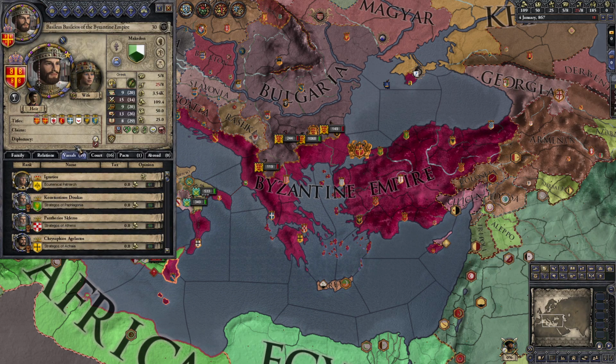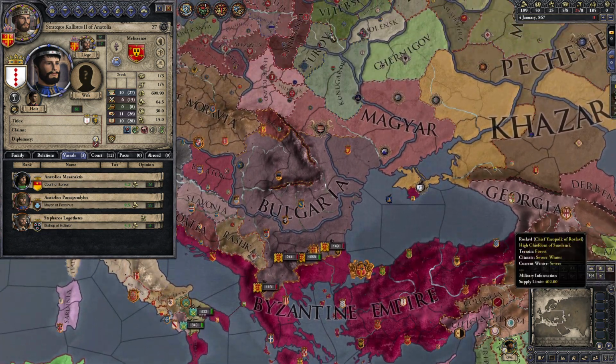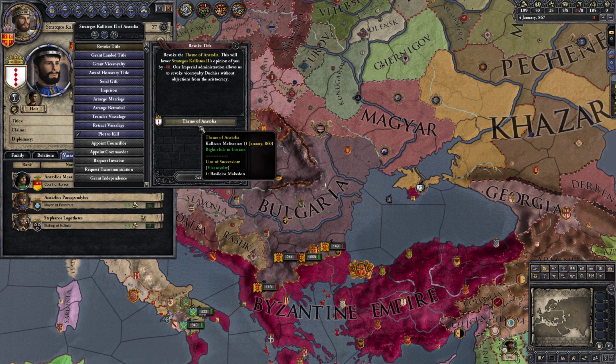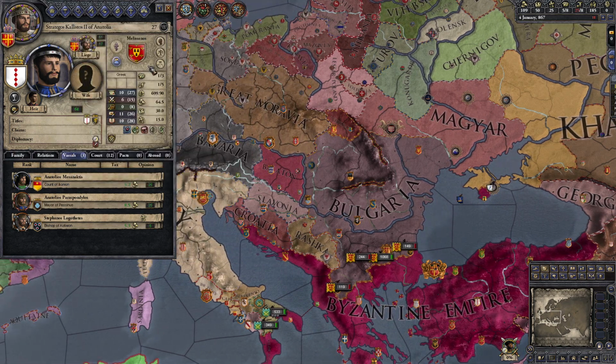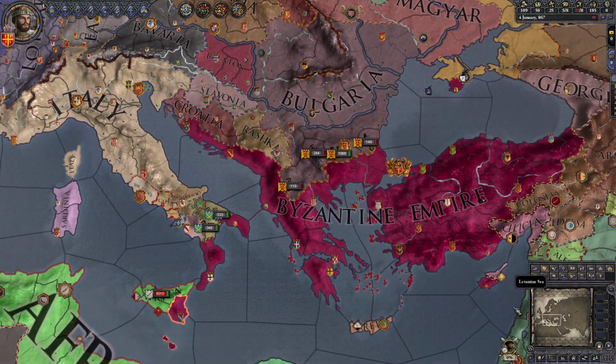Which means I do have to make some tough decisions regarding the vassals. However, I cannot do that right now. I can't just revoke claims. Look, he gets angry. So you have to sort of balance the love that you feel.